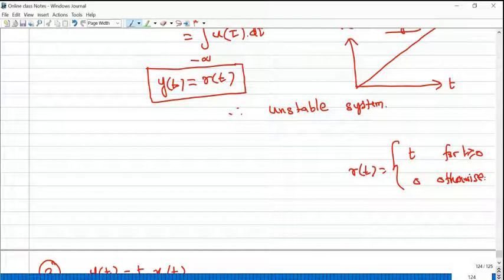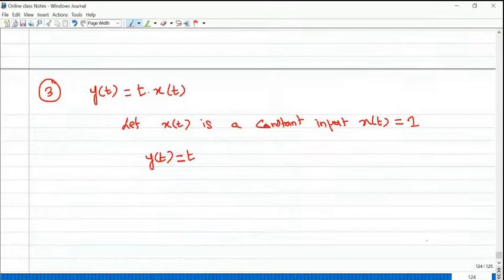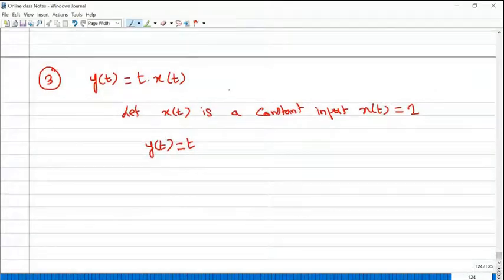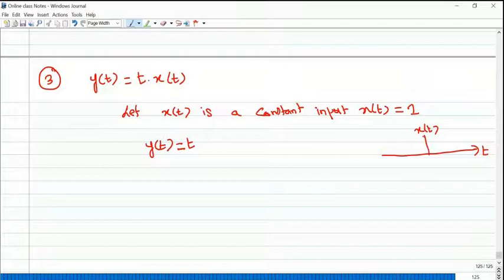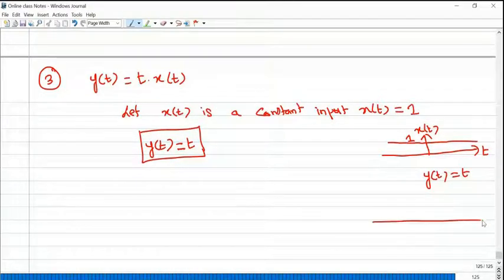In this example, y of t equal to t times x of t. If I assume my bounded input signal x of t is a constant DC value of 1, now my expression is y of t equal to t. How to plot y of t versus t? At t equal to 0, 0; t equal to 1, 1; t equal to 2, magnitude 2.